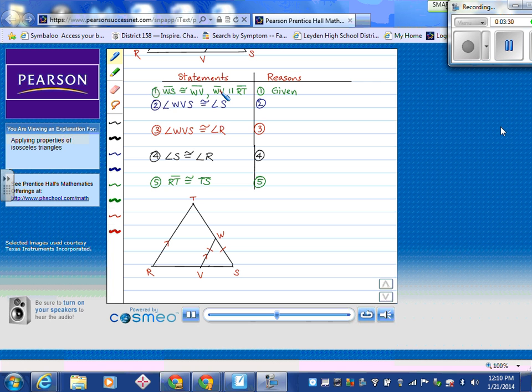And WV parallel to RT, and of course that's given information. What I'd like you to do then is to go through the rest of the steps I've written out statements and see if you can supply the reason for each statement. And then when you're ready, or if you're running into trouble and need help, hit continue and I'll be right back.